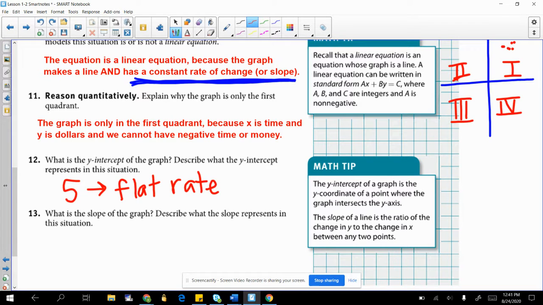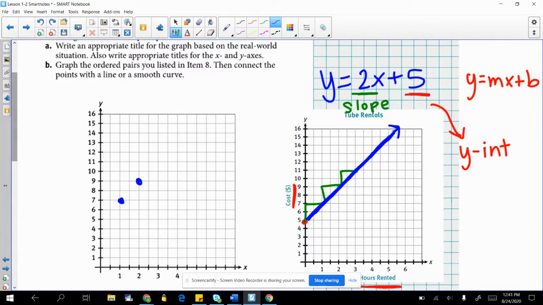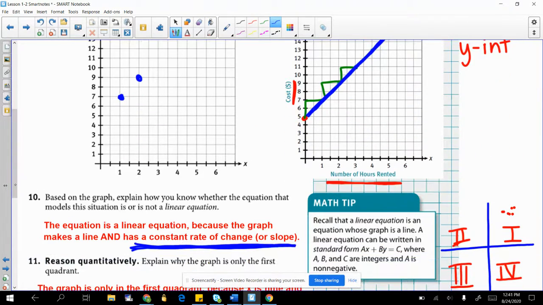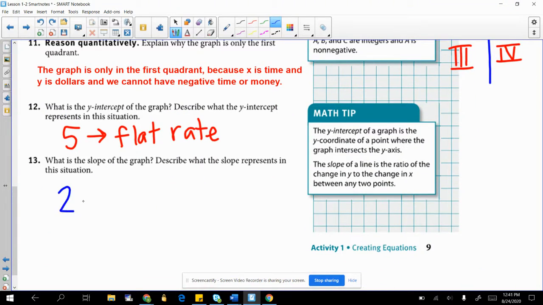And then it also asks here, what is the slope? Which again, we jotted down as the 2. And that represents that the slope is always like per, right? So it's what you're either spending per hour or how quickly you're moving per hour or something like that.